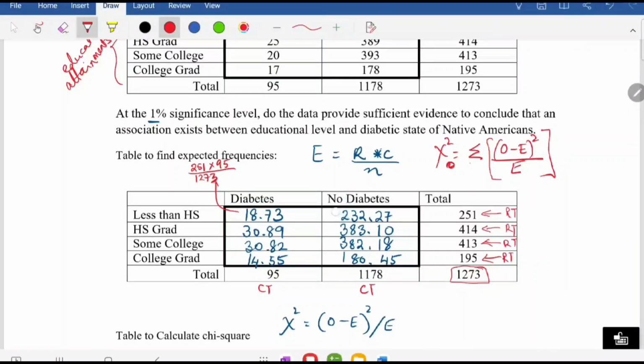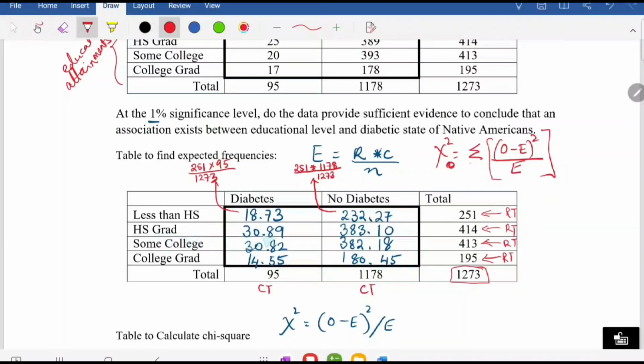Likewise, for less than HS and no diabetes, you're going to take the same row total because it's located in the same row for less than HS, 251, times, this time the column is different, so column total is 1178 divided by 1273, right? The denominator value doesn't change.